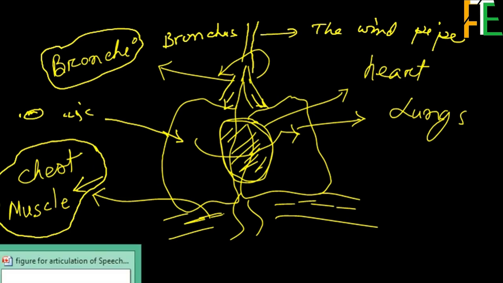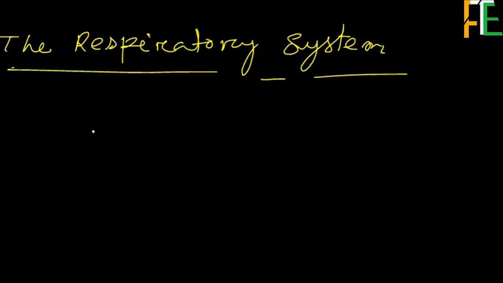You know well what is breathing in and breathing out. Breathing is the process in which we take oxygen gas from the atmosphere. We absorb oxygen gas. That is, we take air inside our lungs. It is known as breathing in.